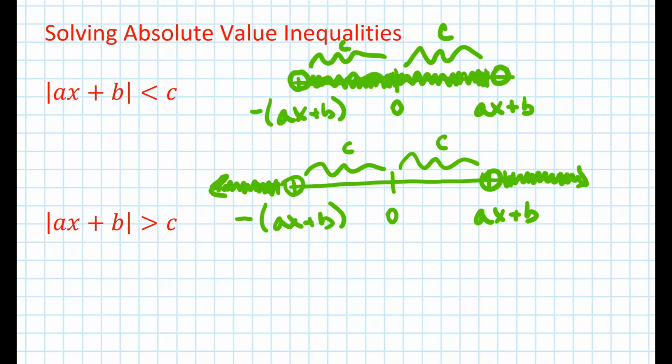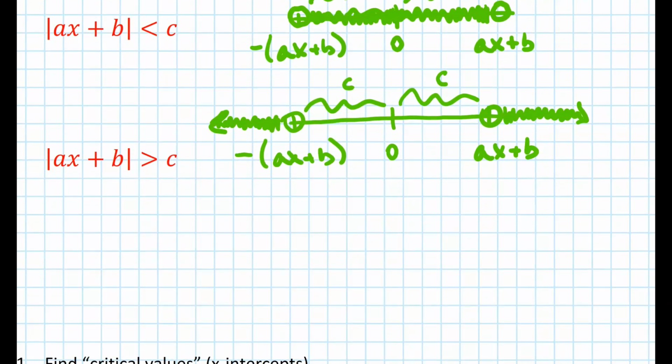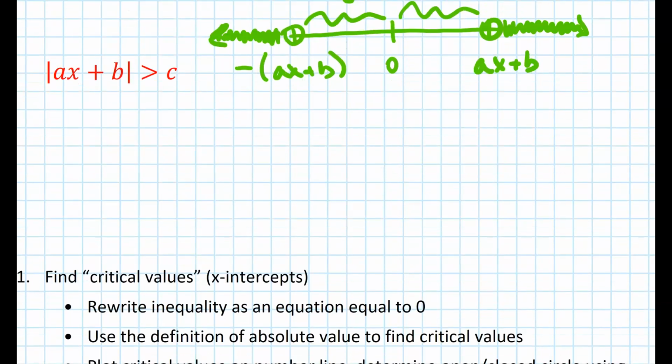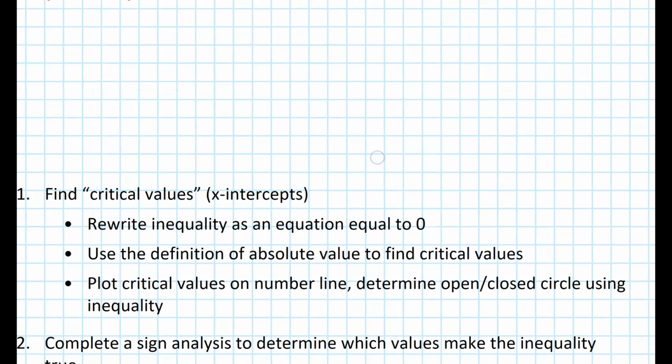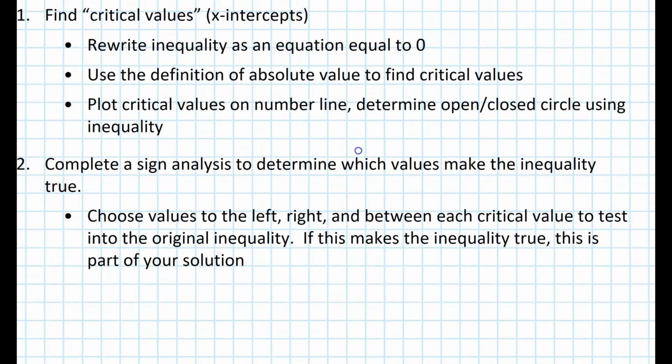So what we're going to do is test values that are to the left, right, and in the middle of those. When we say test them, we say like a sign analysis, because we don't even necessarily have to solve them out completely to see whether the statement is true or false. We can do it quickly to save some time.